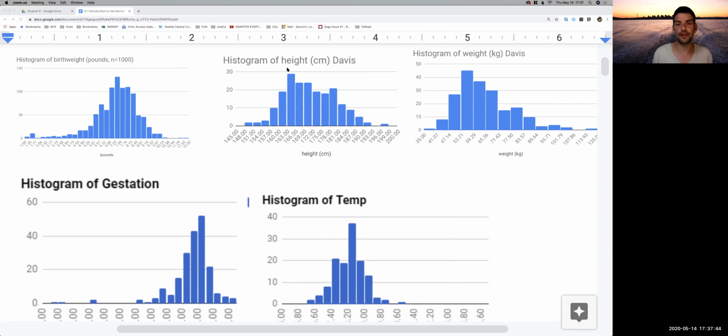Well, these are, first of all, continuous data, right? Weight, height, time. And we also notice that while they're not perfect, they all seem to have some characteristic shape in common, right? Some more so than others.